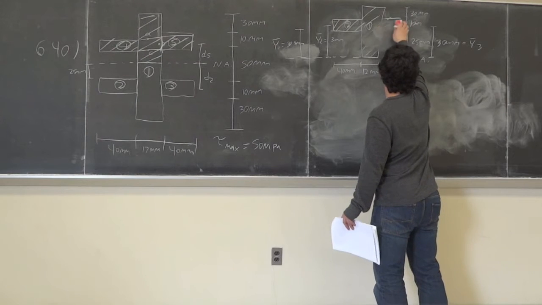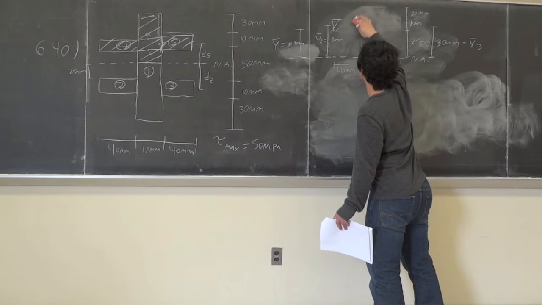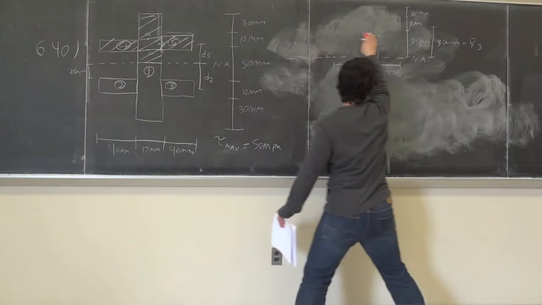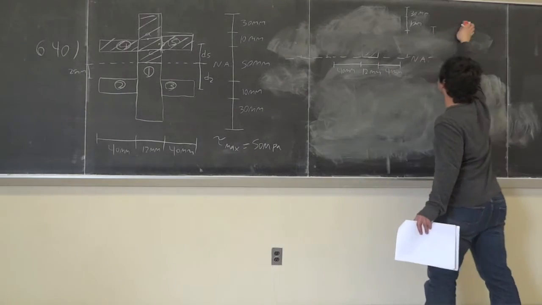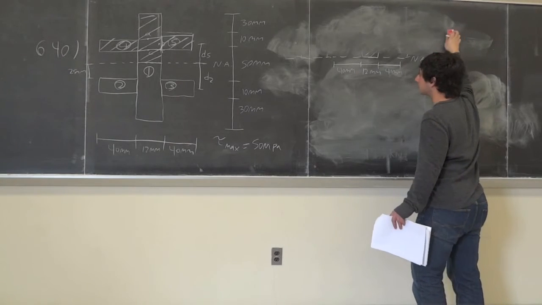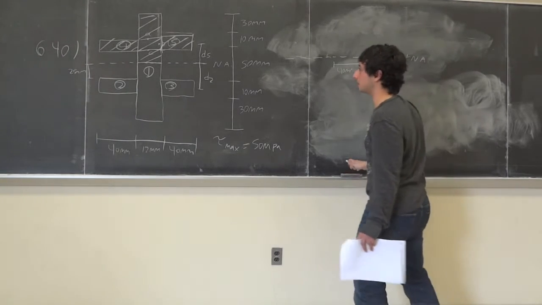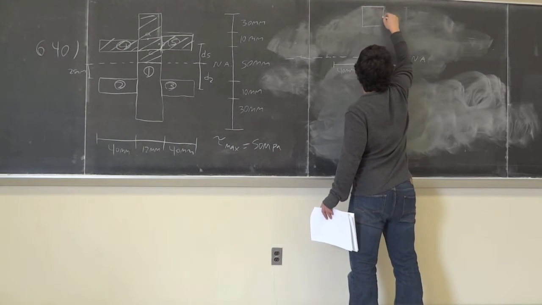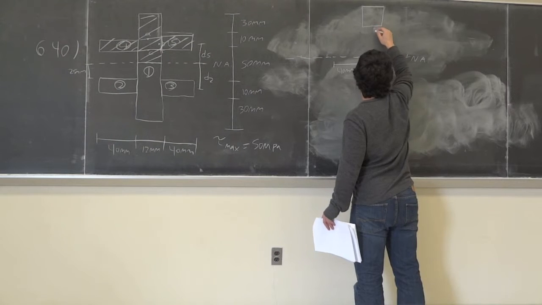Let me erase this. Now we want to just draw section A. So section A is just this part over here, up here. This is A over here.